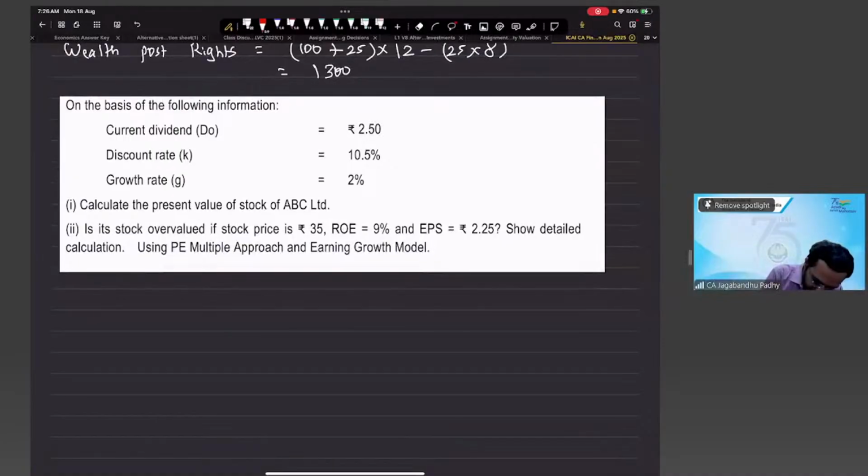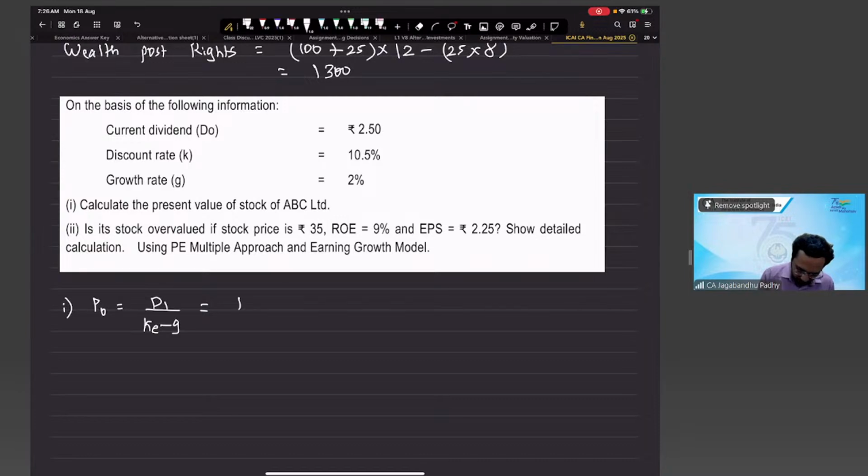So with regards to the first part of the question, can we calculate the present value of stock of ABC? P0 is equal to, we know, D1 upon K minus G. It is simply D1 upon K minus G. Now how do I get the D1?